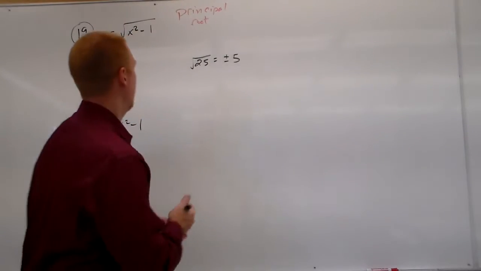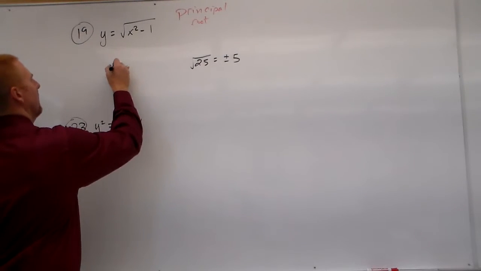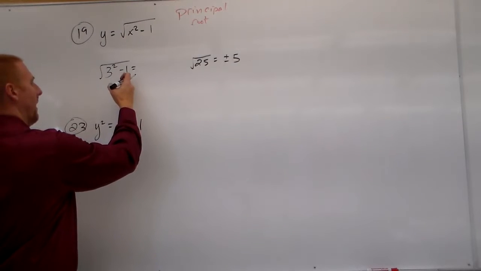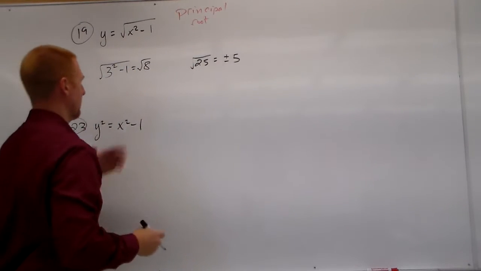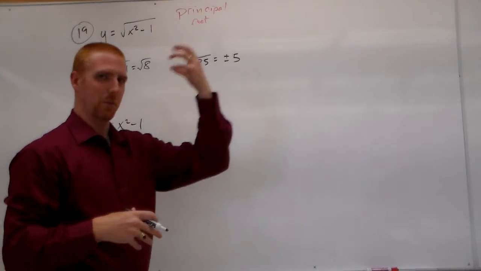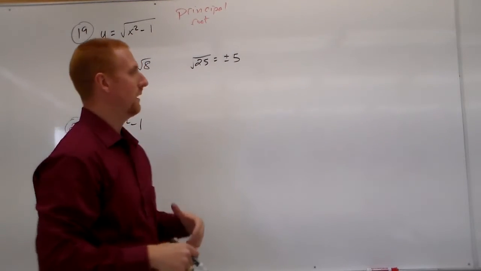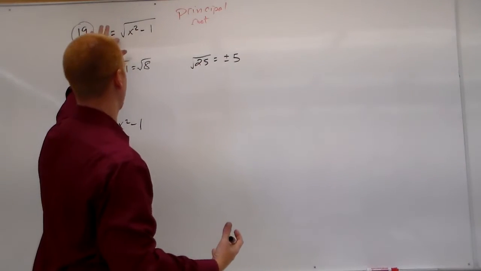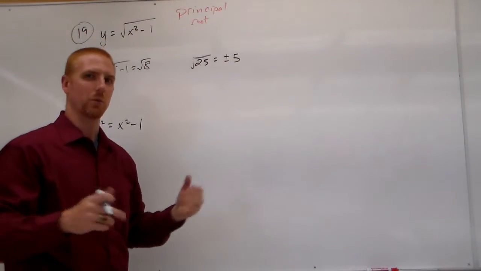So for example, let's just say I plugged in 3 for x. We're not going to get a really nice answer here, but that would be 9, minus 1 would be 8. So we can certainly break that down. But I'm not looking at the possibility of plus and minus square root of 8. I'm only going to answer with the square root of 8 because I'm looking at the positive version here. That's what principal root means.